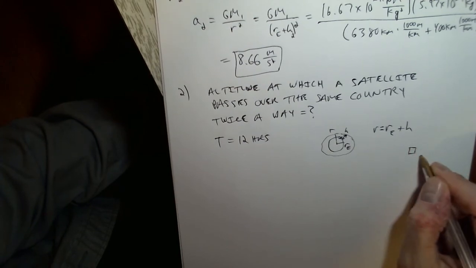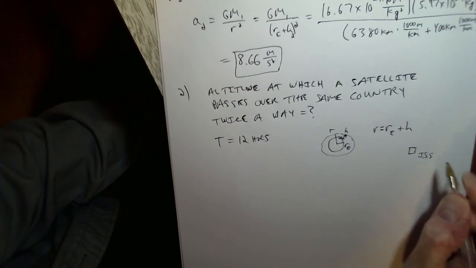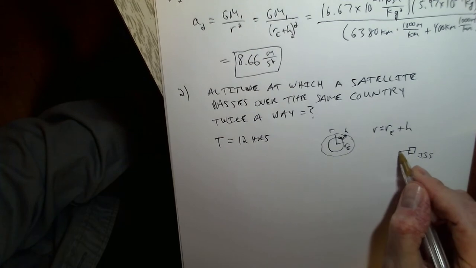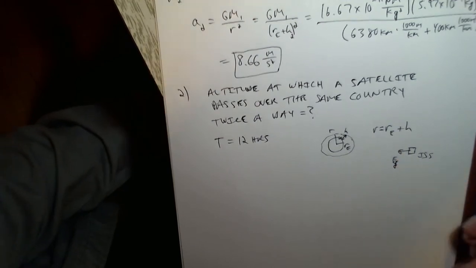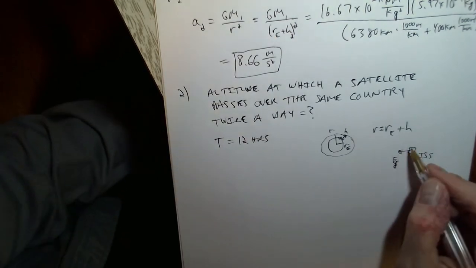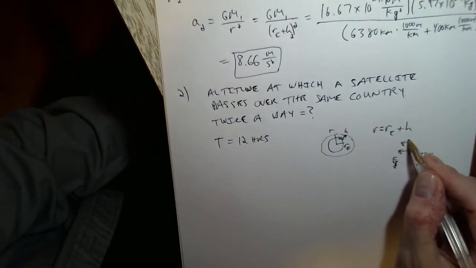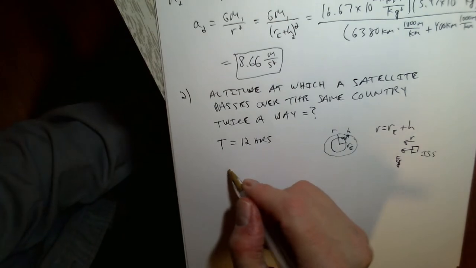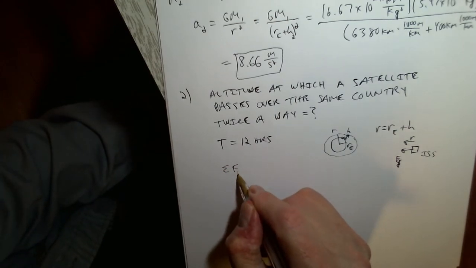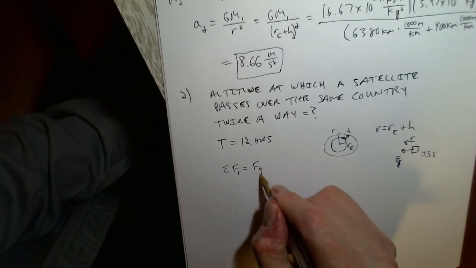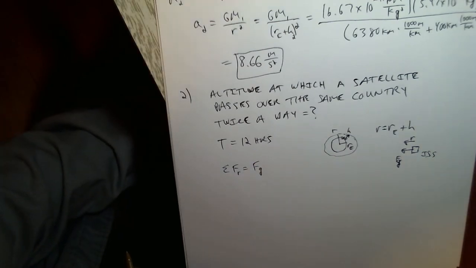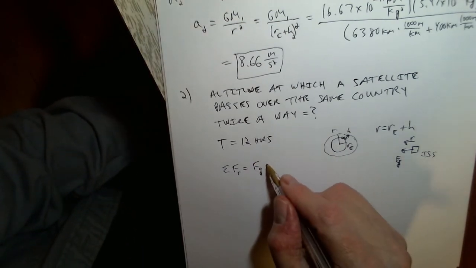So what we're going to do is draw the free body diagram. And this is the ISS. The only force on it is the force of gravity due to the Earth. And that force points towards the center of the Earth, so it points in the radial direction. So the sum of the forces in the radial direction is equal to the force of gravity, and that equals the centripetal force.